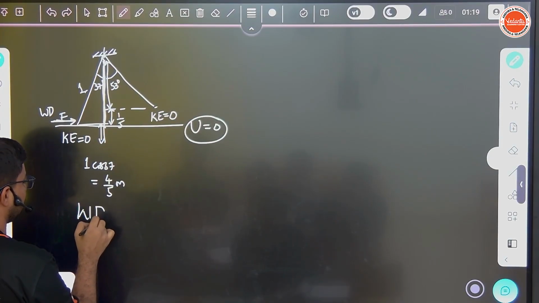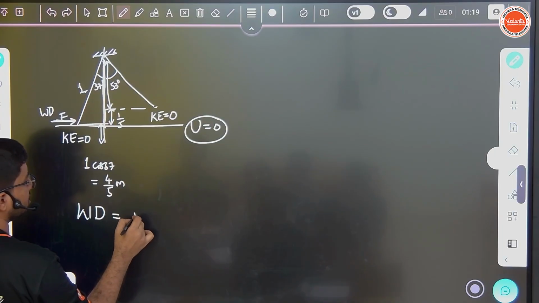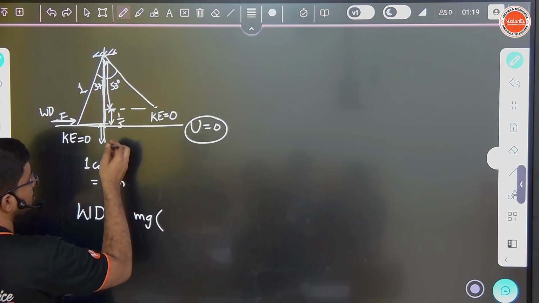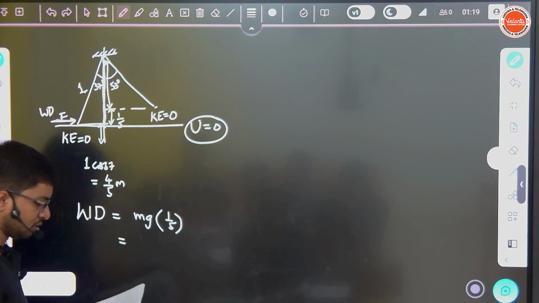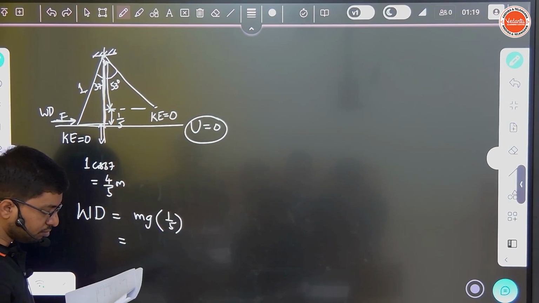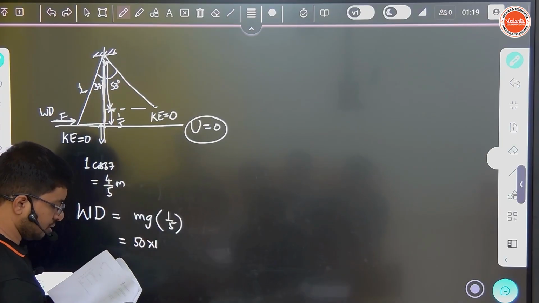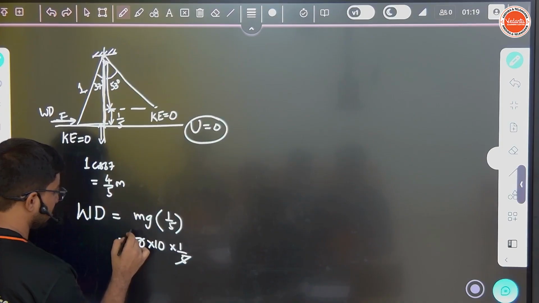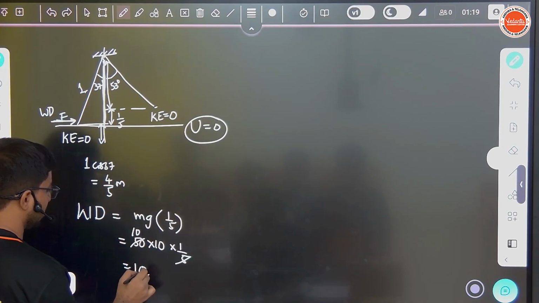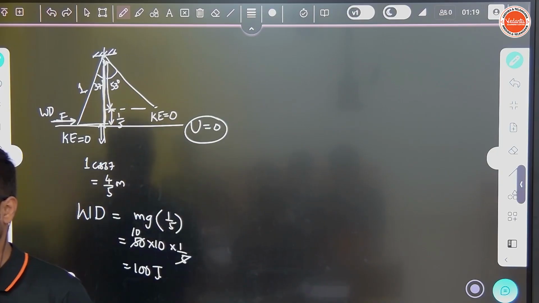So you can directly write work done by this person is equal to mg into 1 by 5. So what is mg here? G value? So you will get this as equal to 100 joules. Clear?